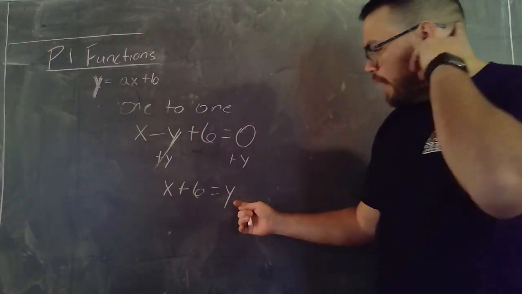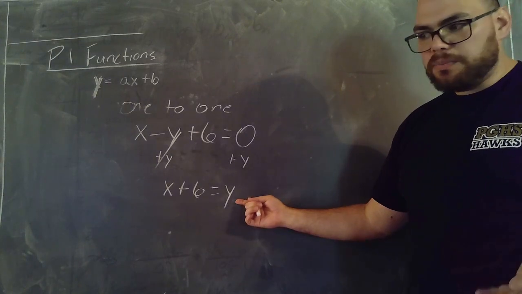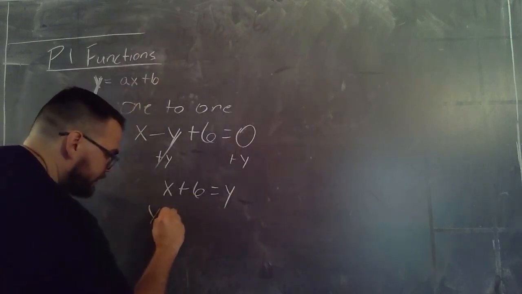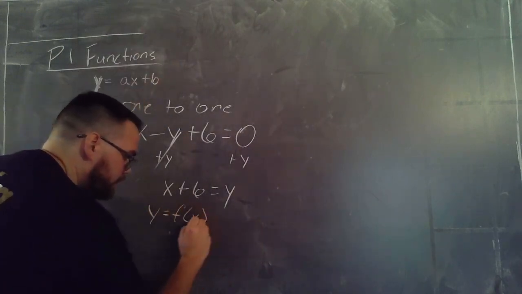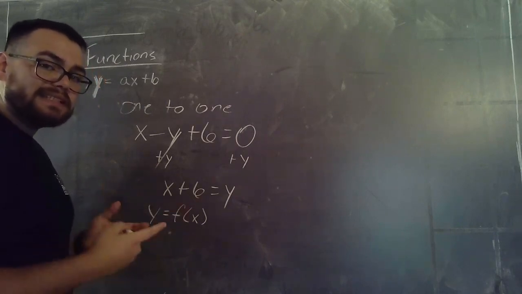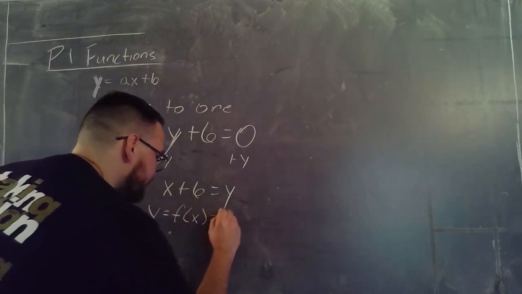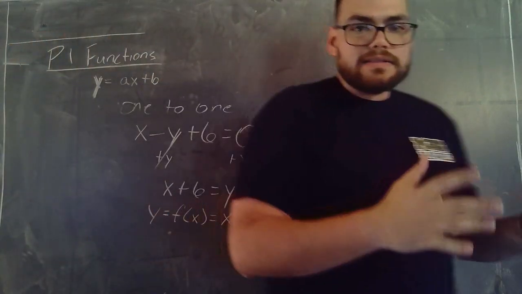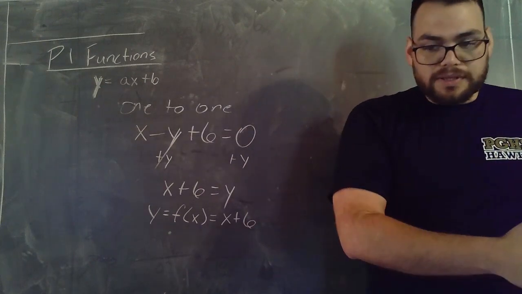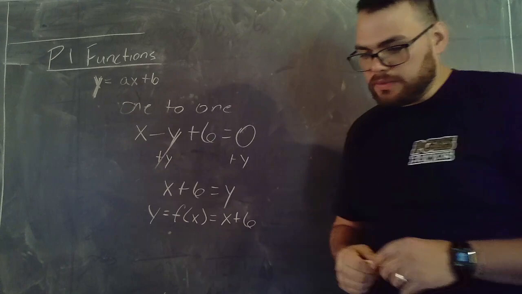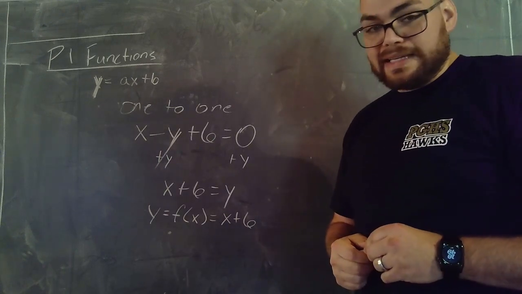Well, we say that y is our dependent variable, and we set that equal to the function. So we say y is equal to the function of x. And since we have the function of x explicitly stated as x plus 6, that's how we can go from implicit to explicit and vice versa. You can get to both of those fairly easily.